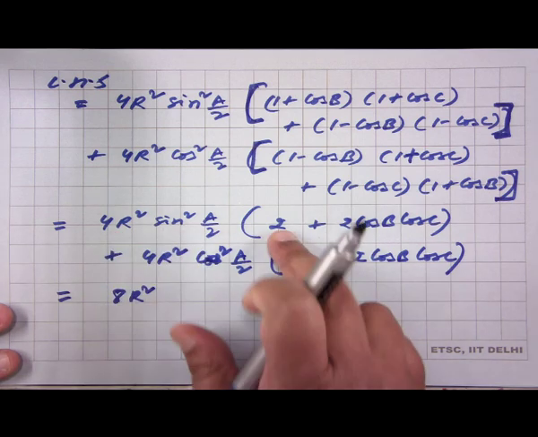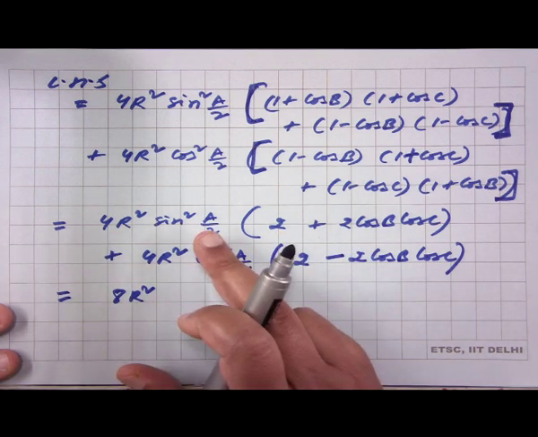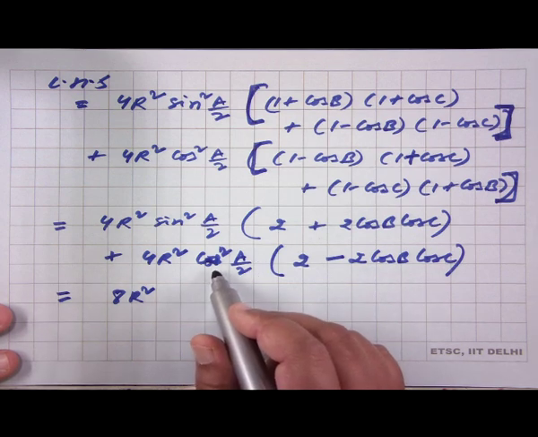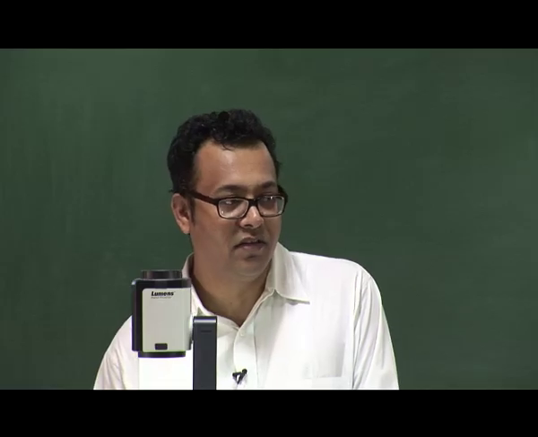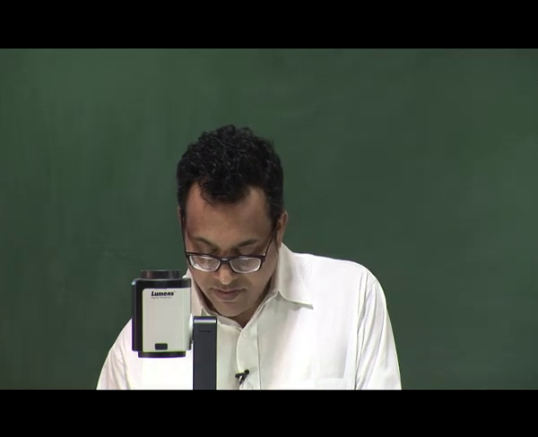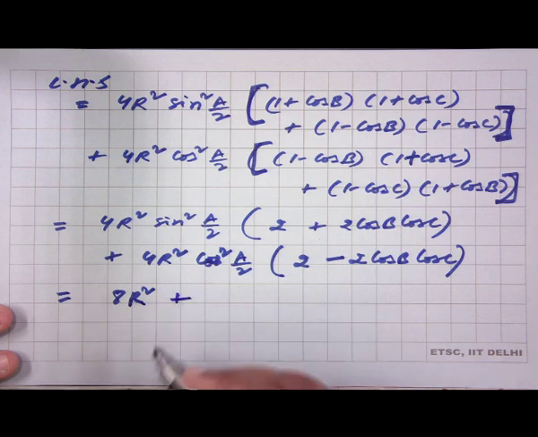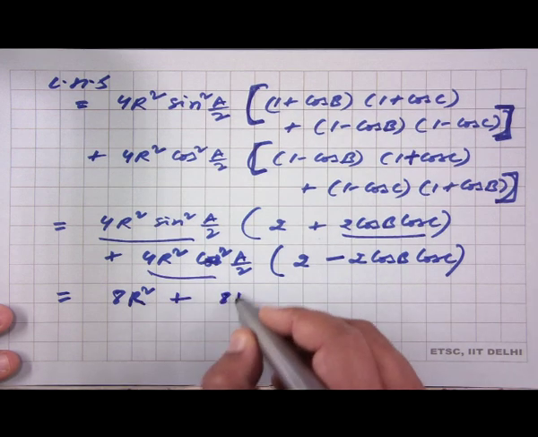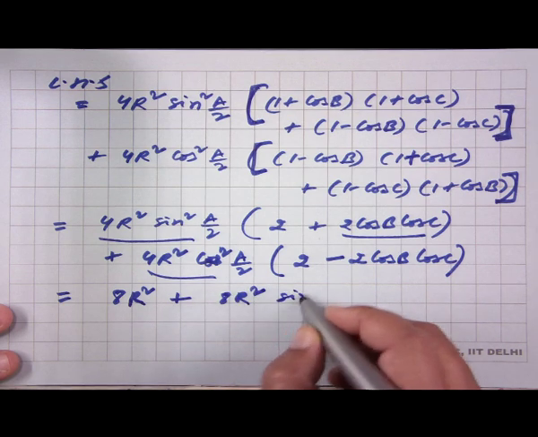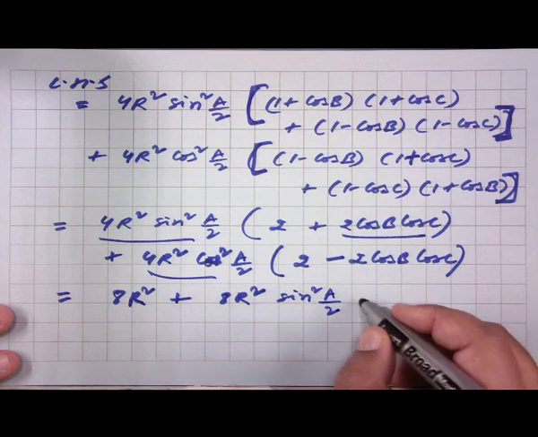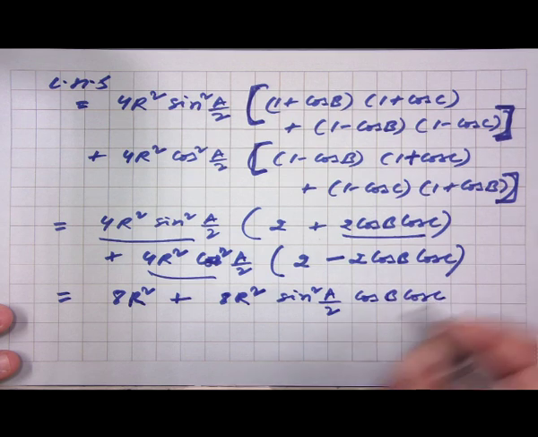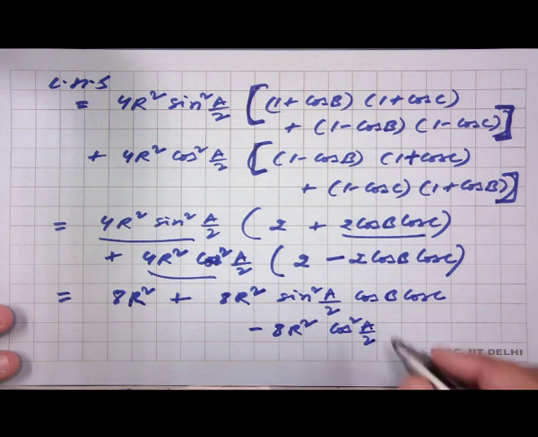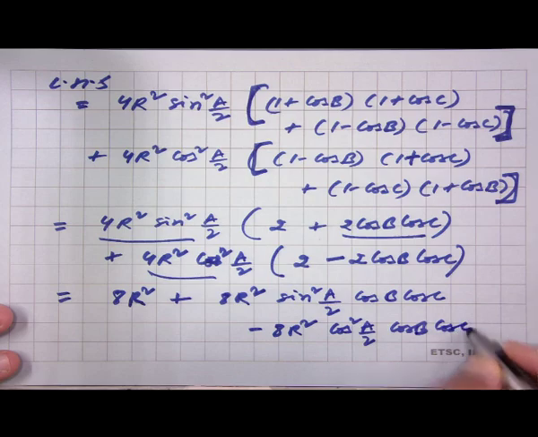So, this multiplied by this is 8r square sine square A by 2, and then here we get 8r square cos square A by 2, but we know that sine square A by 2 plus cos square A by 2 is 1, and therefore, we will simply have 8r square plus, and then this multiplied by this and this multiplied by this. So, what we will get then is 8r square into sine square A by 2 into cos B cos C minus 8r square cos square A by 2 into cos B cos C.